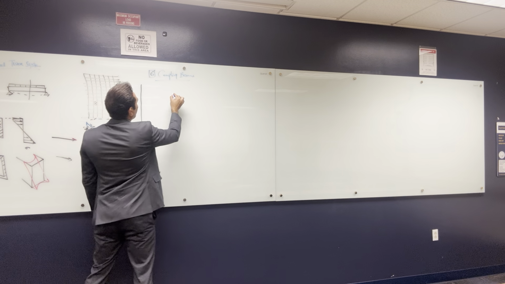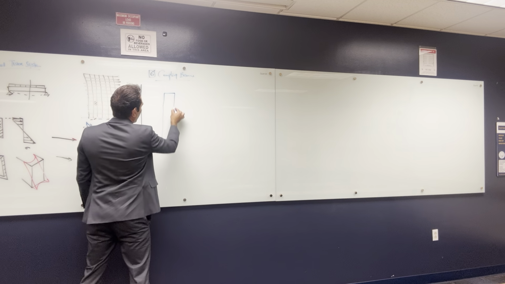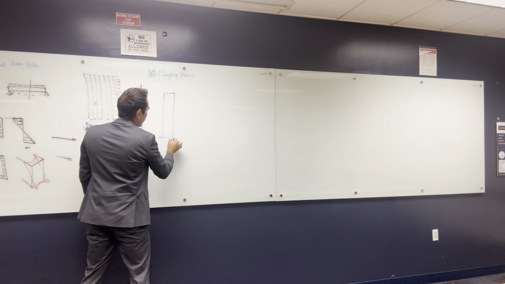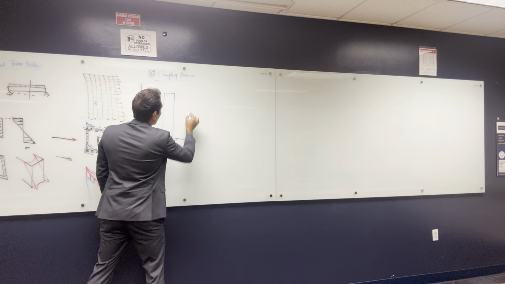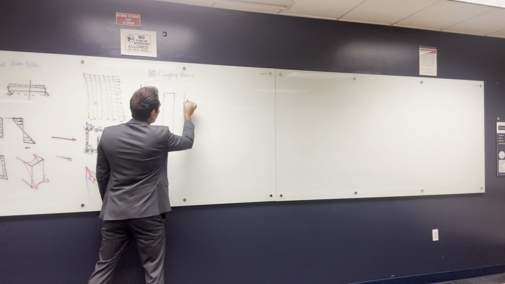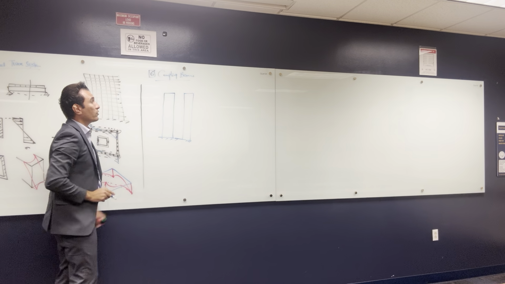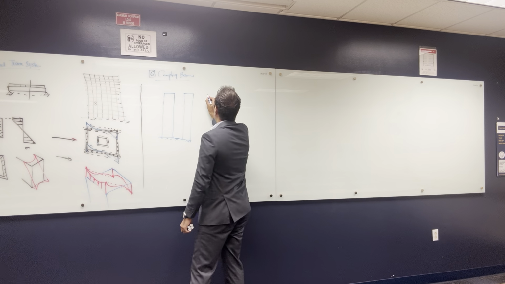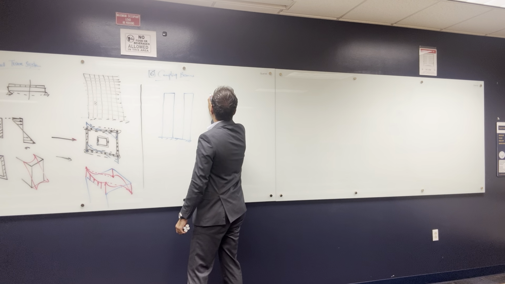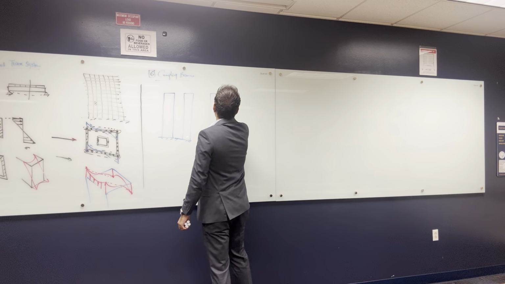Let's imagine that you have a shear wall like this alone, okay? And then your design ends up having another shear wall close to it, like something like this, all right? Two shear walls close to each other.